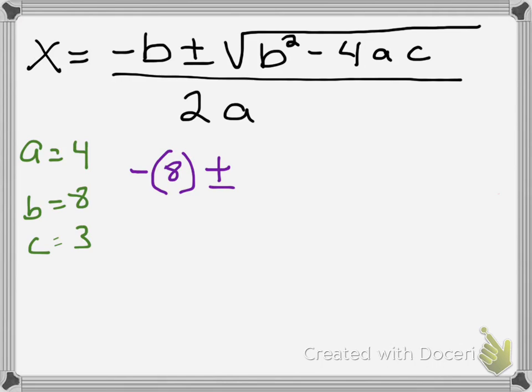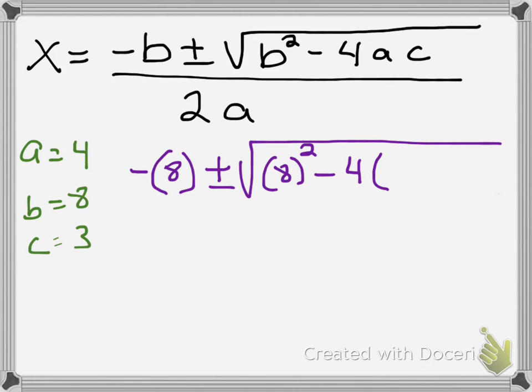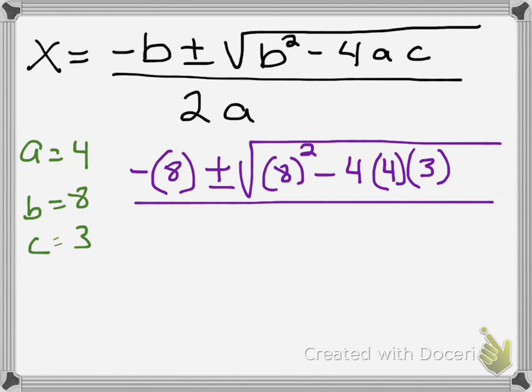Plus or minus the square root of 8 in parentheses, taking the place of b there, squared, minus 4 times a, which is not 1, I know it's 4, and then times c, which is 3. All over, and this is the most forgotten part of the formula, believe it or not, 2a. 2 times a, which is 2 times 4.